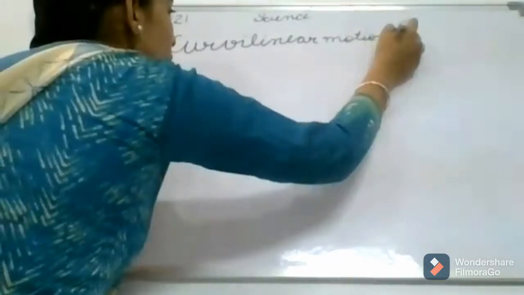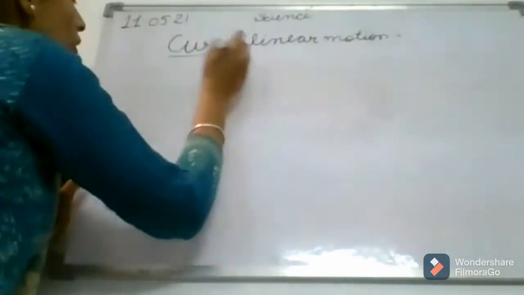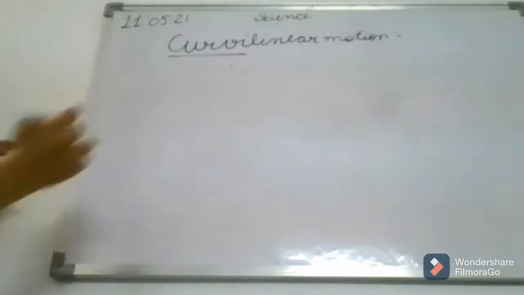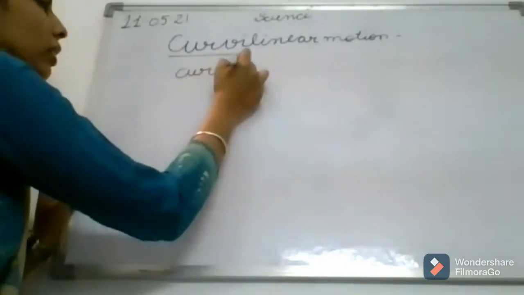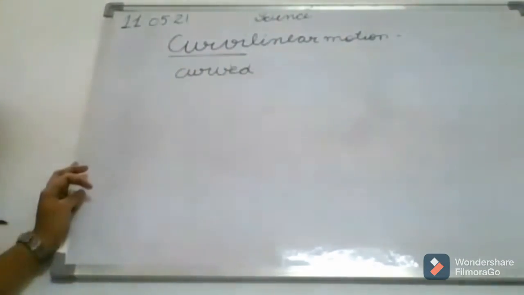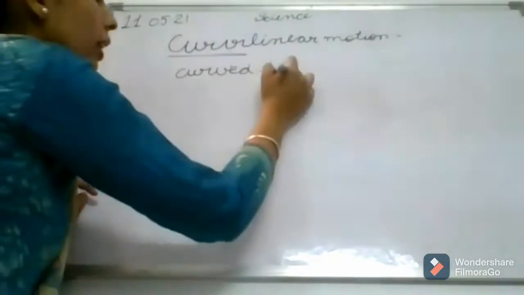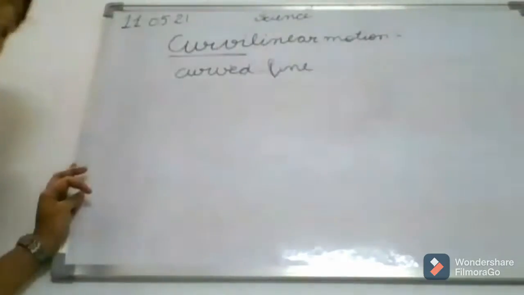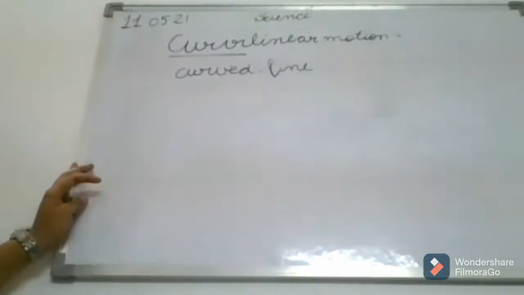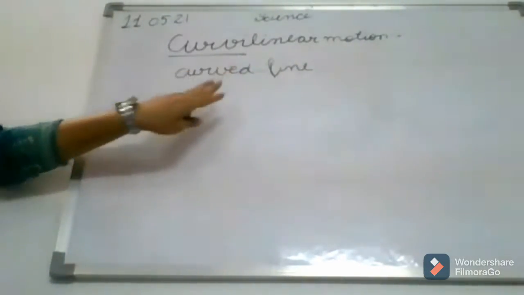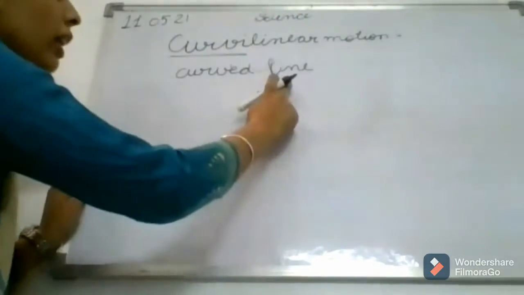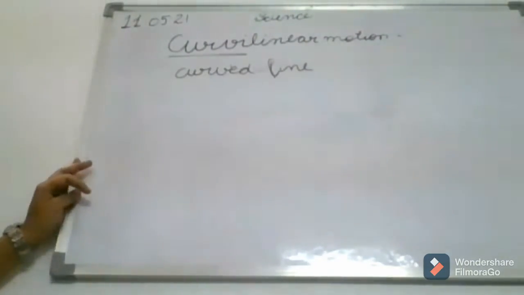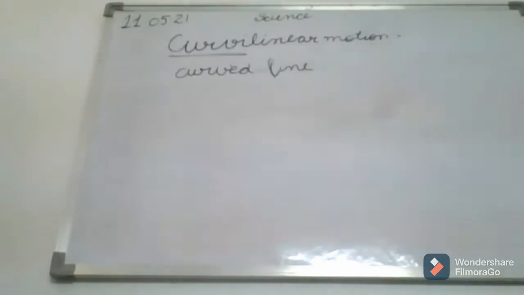It is clear from the name that it is a motion along a curve. When an object is moving in a curved line, or it is following a curved line, then the motion is called curvilinear motion. So what is the definition? When a body moves along a curved line, it is called curvilinear motion. Clear?